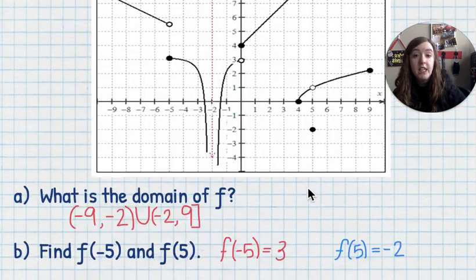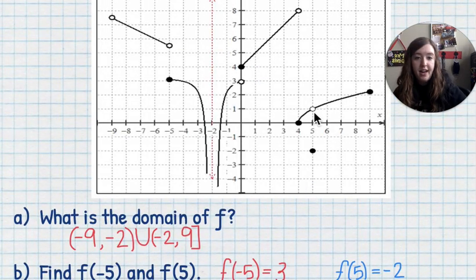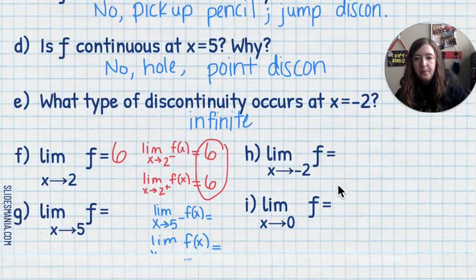So let's take a look. Here is x equals 5. So as we're coming in from the left, my graph is getting closer and closer and closer to the y value of 1. Remember, I don't actually care what's happening at 5. I care what's happening around 5. So my graph, really close to 5, is getting closer and closer to 1.